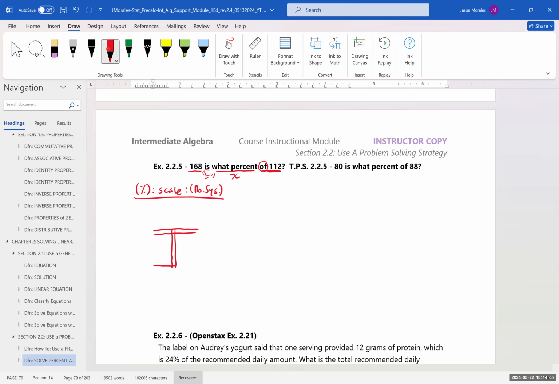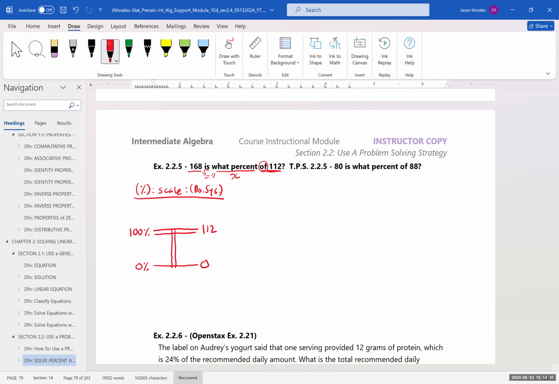Come down. So we've got 0% there, and we've got 0 here. And this "of 112", so 112 is here, and this is going to correlate to 100%.